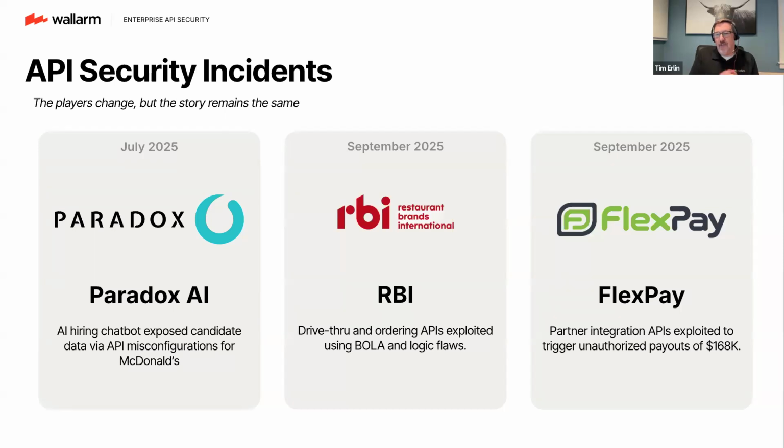Essentially, there's an API related exploit that allows, through manipulation of this chatbot, exposed candidate data, employees hiring candidates, via some API misconfigurations related to McDonald's. So, Ken or Graham, either of you, any particular aspects of that incident that jumped out at you as lessons that CISOs should take away, or things that it illustrates that they should be concerned about in particular?